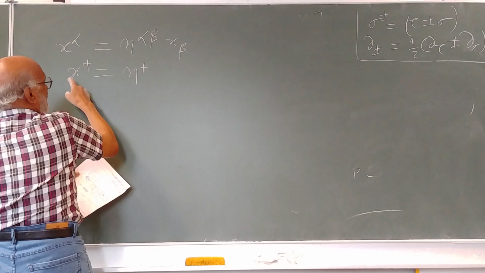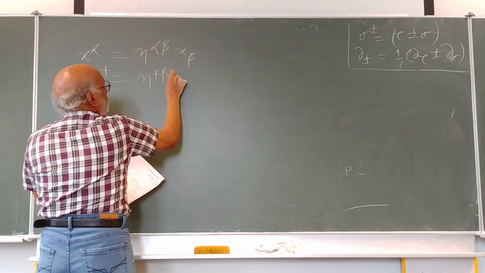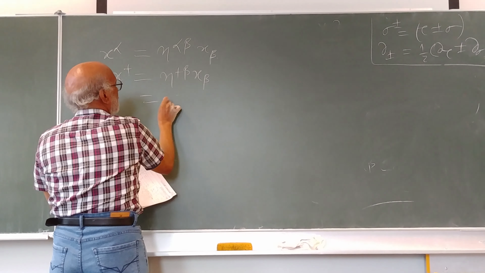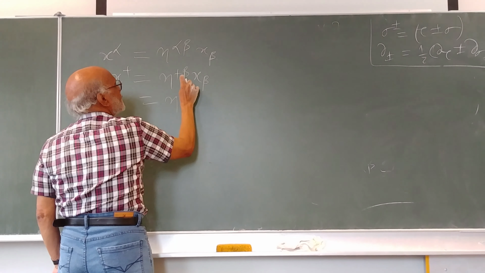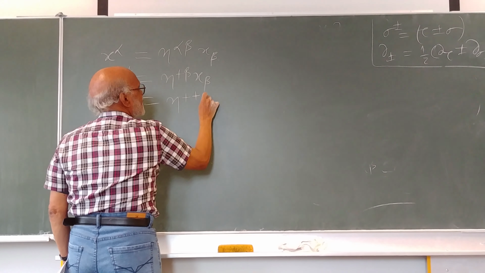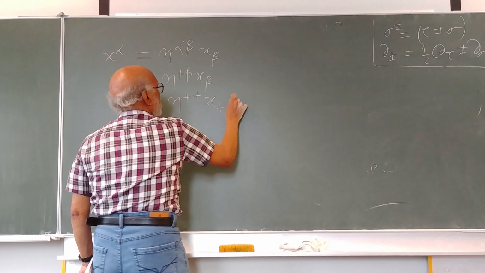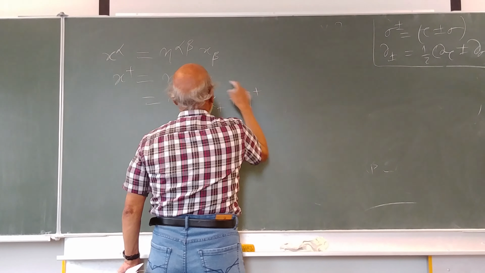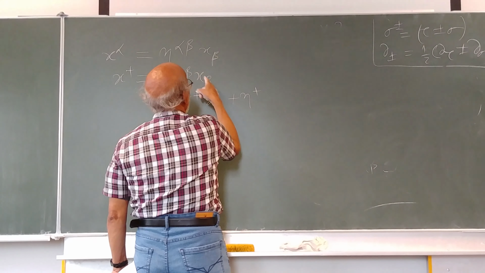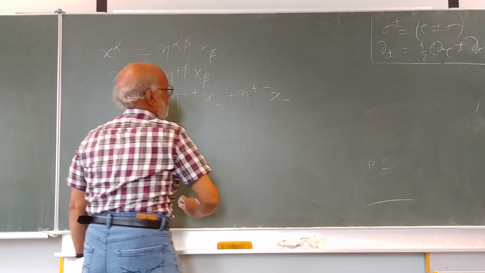If I want to write plus, then this is eta plus beta x beta. Eta plus is fixed there, so beta takes two values, plus and minus.